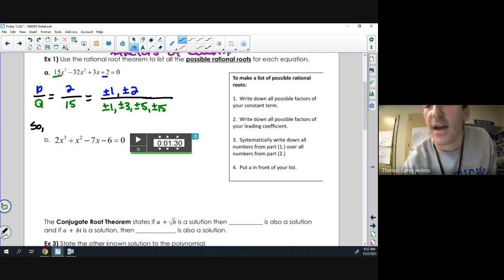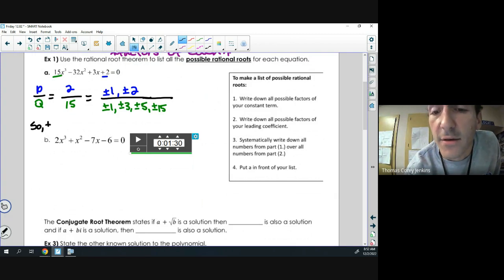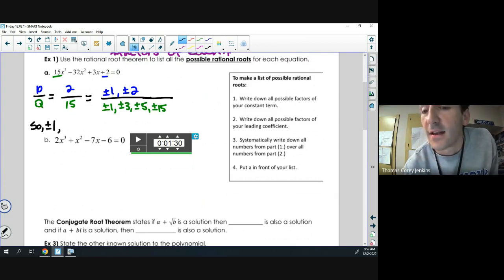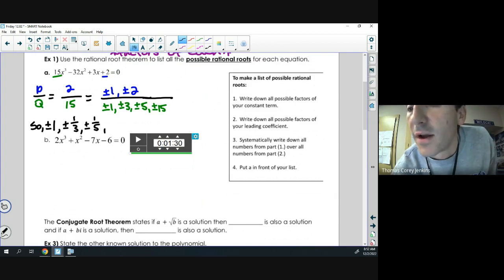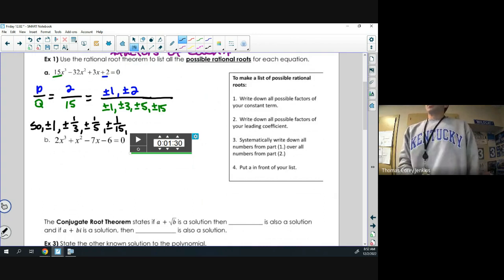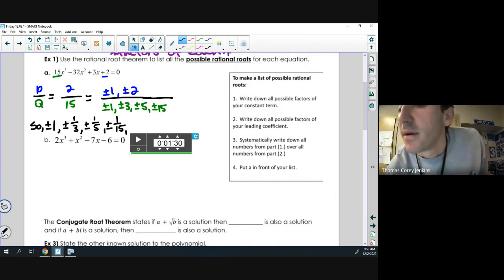So it ends up with plus or minus 1 over 1, which is 1, plus or minus 1 over 3, which we would just leave as is, plus or minus 1 over 5, and plus or minus 1 over 15. And then you just do the same thing with the 2. So 2 over 1 is 2.